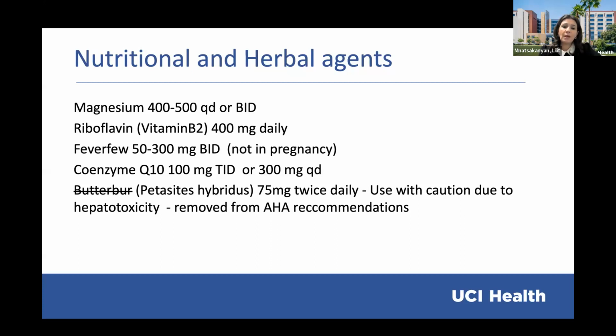Feverfew, which is not recommended in pregnancy, is mentioned because it's considered herbal. And then coenzyme Q10. Butterbur was also available, but currently it is not recommended by the American Headache Society because of a higher risk of hepatotoxicity.